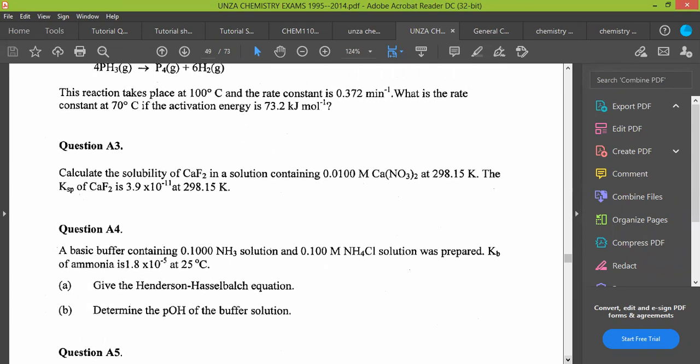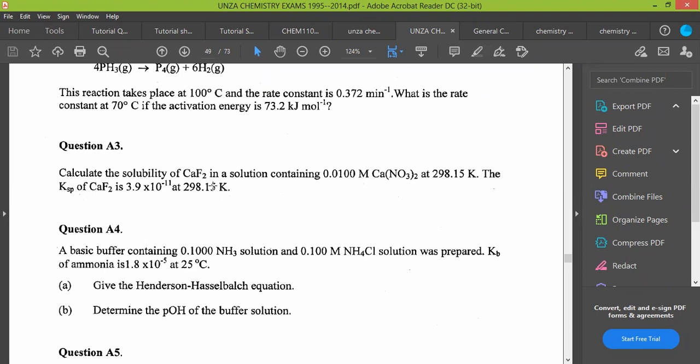Calculate the solubility of calcium fluoride in a solution containing 0.01 molar calcium nitrate at 298.15 Kelvin. The Ksp value is this at this temperature. So you're finding solubility. The first thing you do is write the dissociation equation. Here, section A is 5 marks.